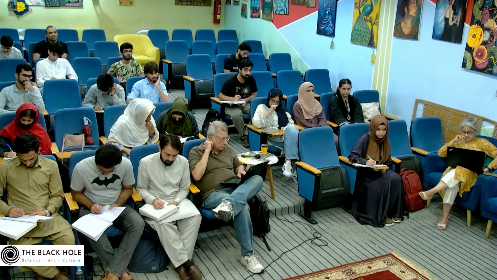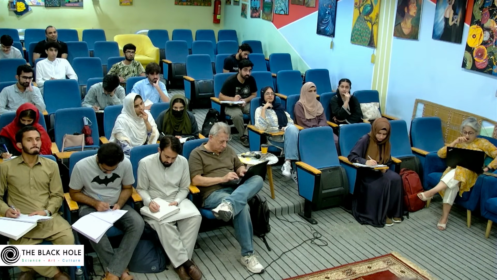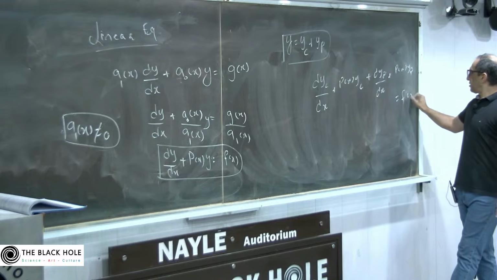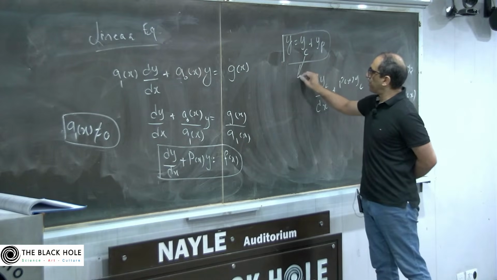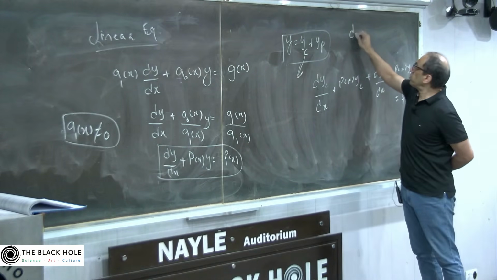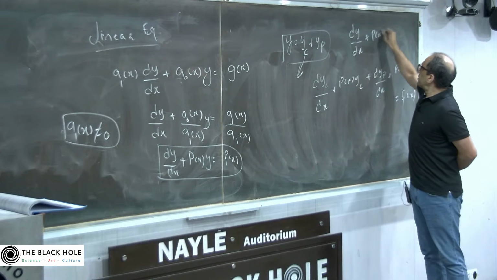Now prove that this is a solution. yc is the solution of which particular part? This is what we call the complementary solution. Complementary solution means I'm saying that this is the solution of this part.